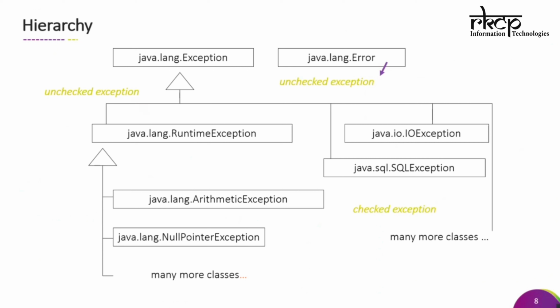So Mr. James Gosling made a policy that for checked exceptions, for resources, you have to handle the exception. It depends fully on the user. If you want to use the database or a file, then you have to handle the exception. That all will come under checked exception.